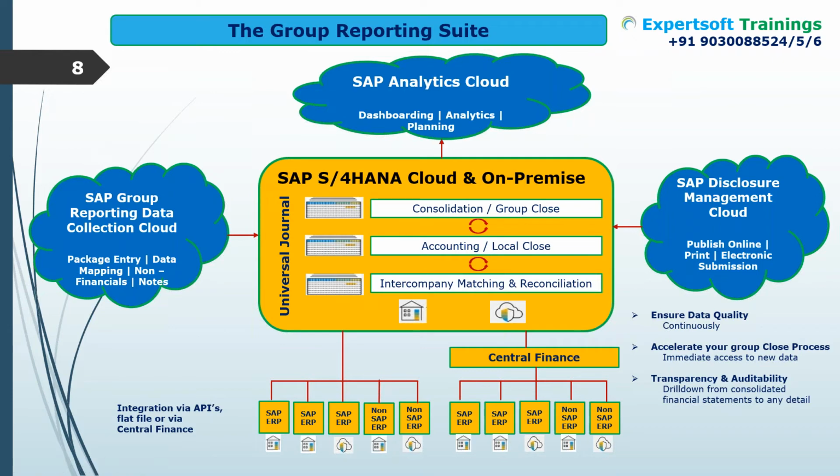Okay. So apart from that, we have another module, as I mentioned, ICM or Intercompany Matching and Reconciliation. This is again not mandatory, and it helps if there is a huge number of consolidation units and a huge number of intercompany transactions.